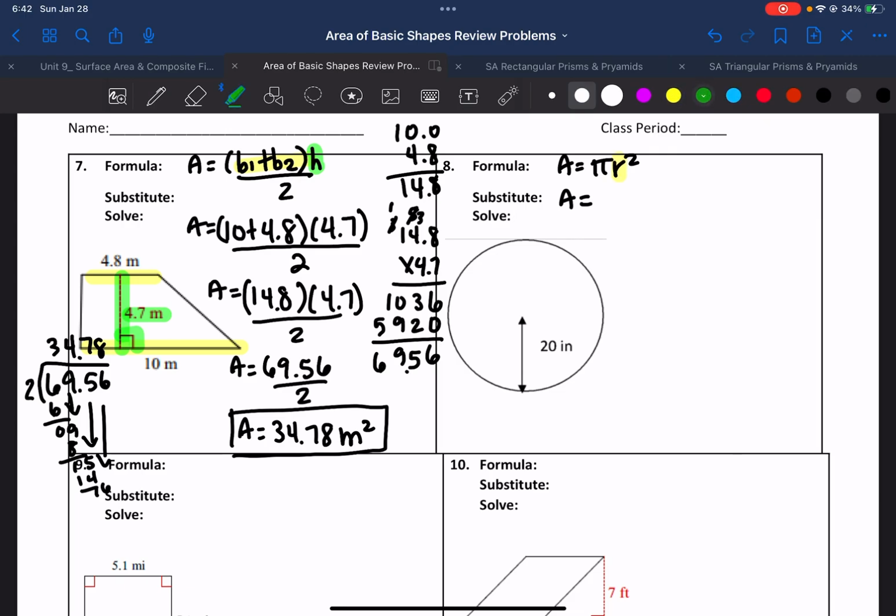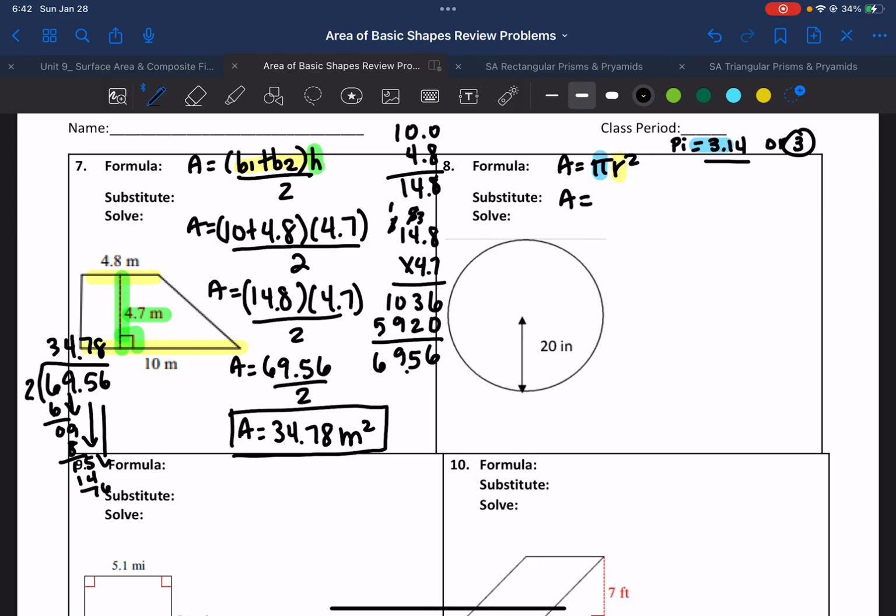We also need to know that pi is going to be 3.14 or 3. We like to use 3 in class just to make it a little bit easier on us. But you need to understand that if you have an entry box, you're going to use 3.14.